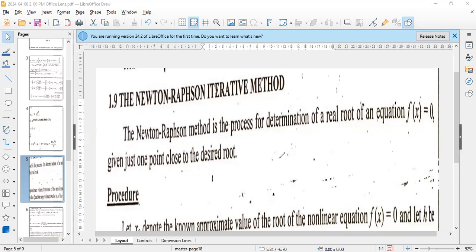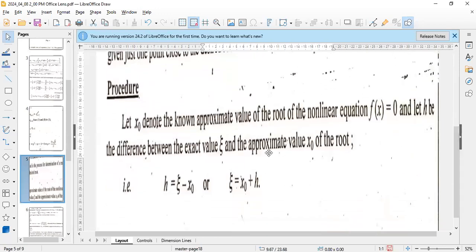So the Newton Raphson method is a process of determination of a real root of an equation f of x equals to 0, given just one point close to the desired root. So, the procedure.